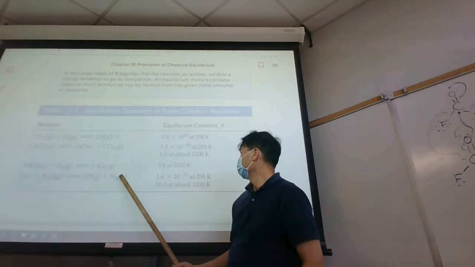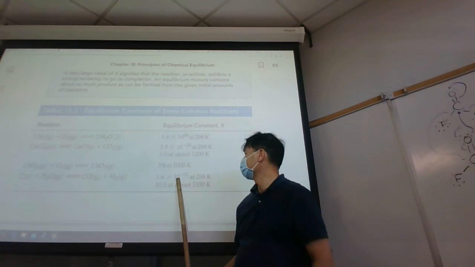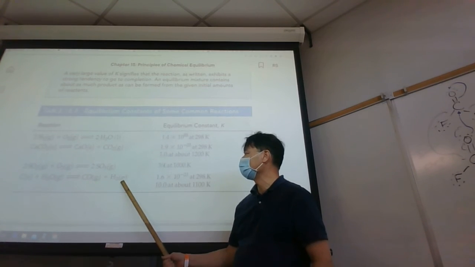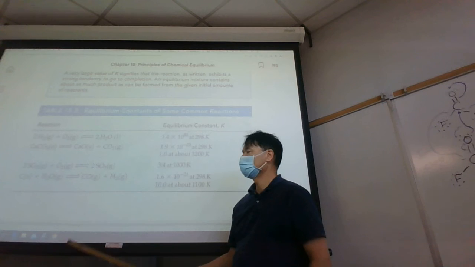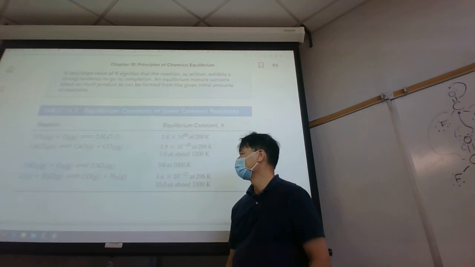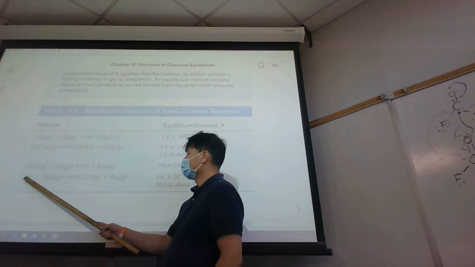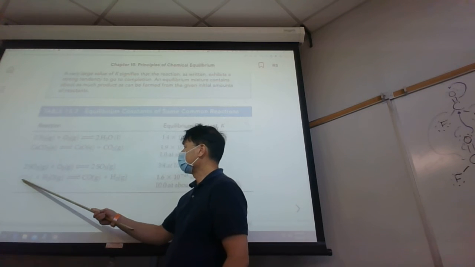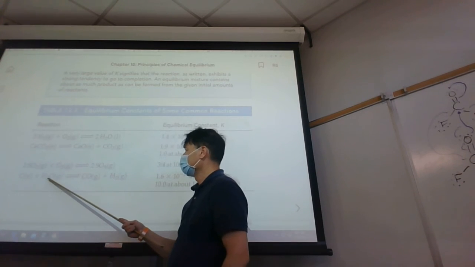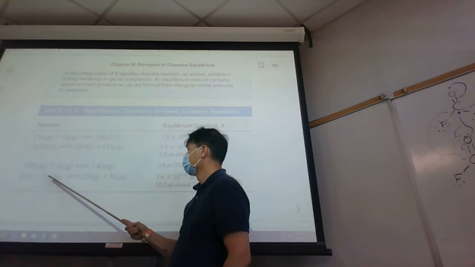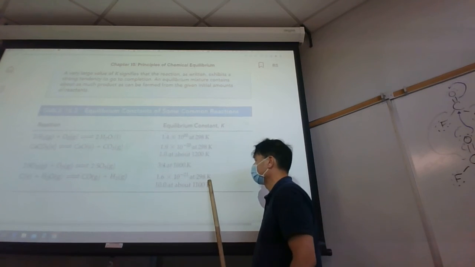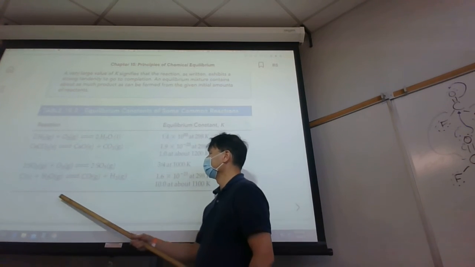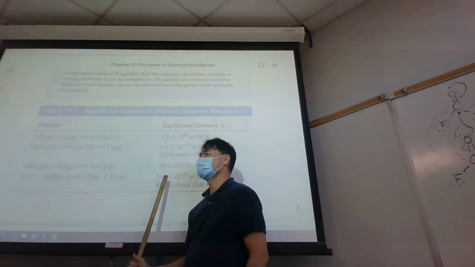And then this one is 10 to the minus 21, so there's barely any product. This is taking just, let's say, graphite or carbon and water, at 298 Kelvin. At 298 Kelvin, you put some graphite in water and pretty much nothing happens.